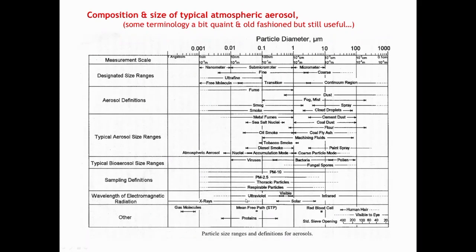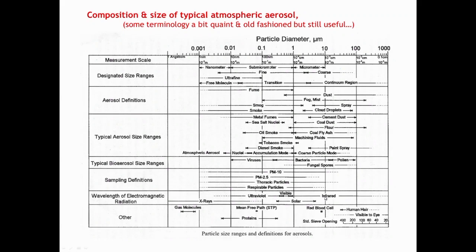For comparison, here are the wavelengths of electromagnetic radiation. So what will that say actually? If your wavelength of radiation is comparable in size to an aerosol population, then that aerosol population can interact with that radiation.